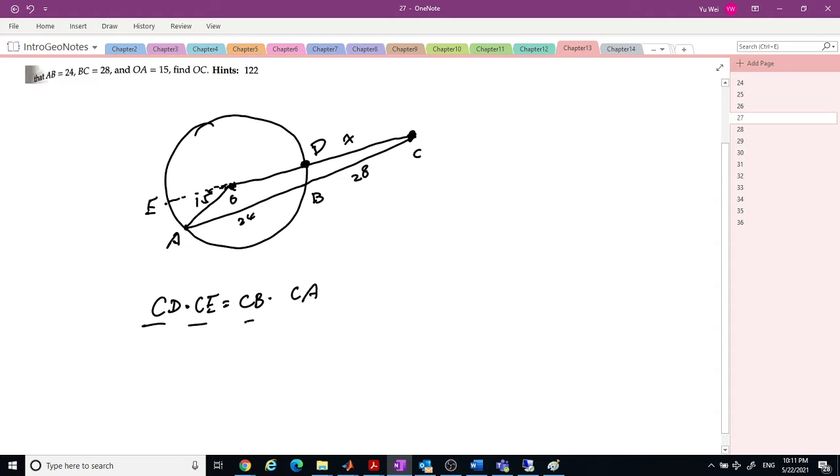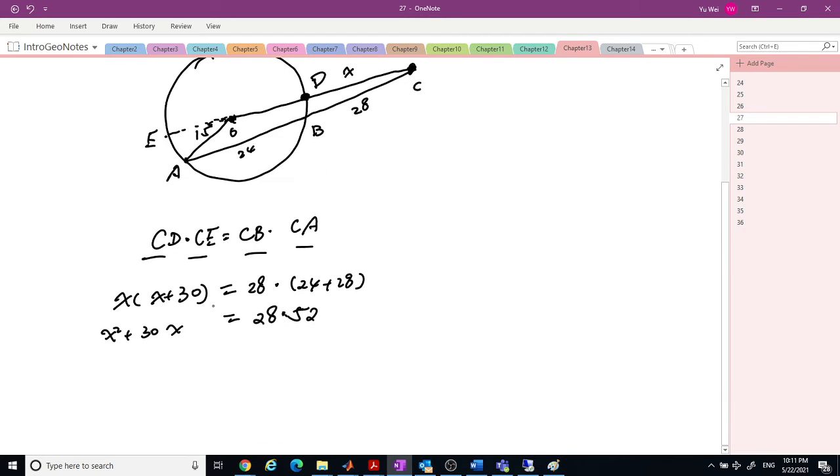CD is x, CE is x plus 30, that's the diameter, is equal to CB, which is 28, times 24 plus 28. So that's 28 times 52. That is x squared plus 30x.